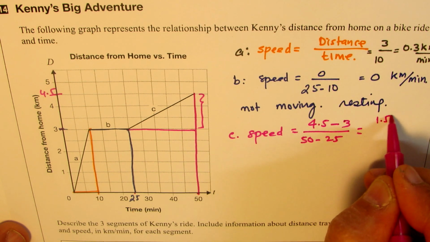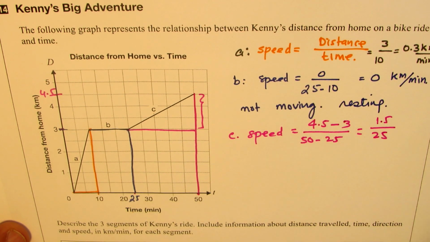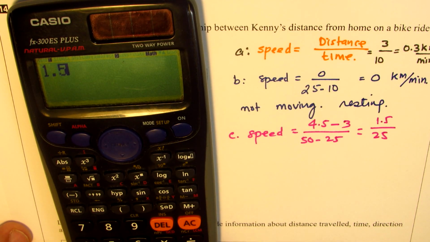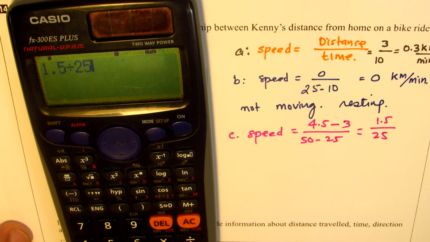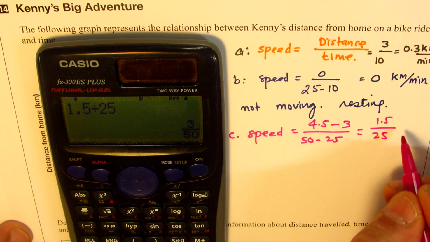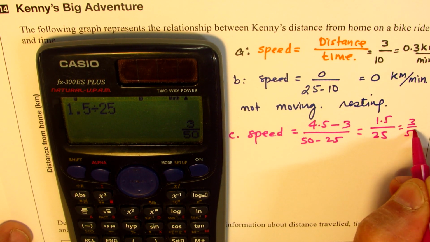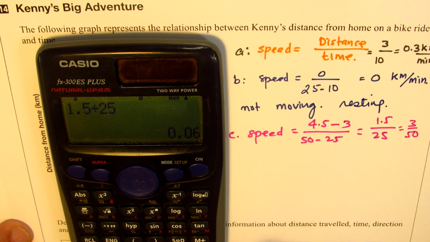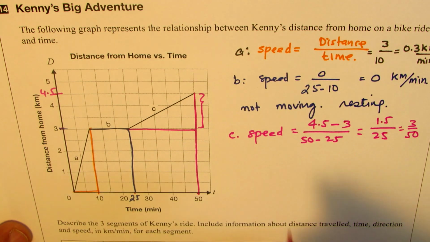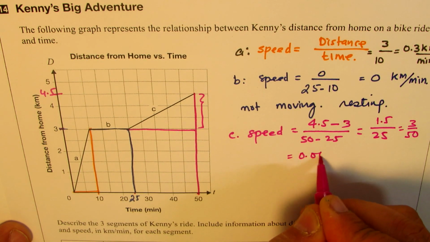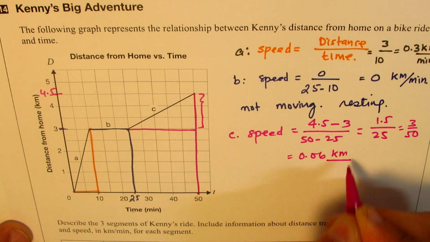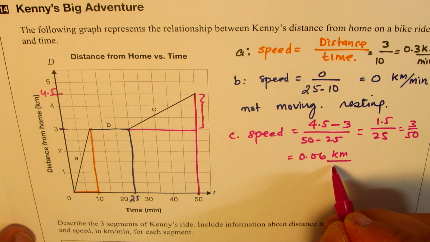Correct? So we get 1.5 divided by 25, right, quarter. So let's use the calculator. We get 1.5 divided by 25 equals 3 over 50. Okay, in decimals, 0.06, which is 0.06 kilometers per minute.